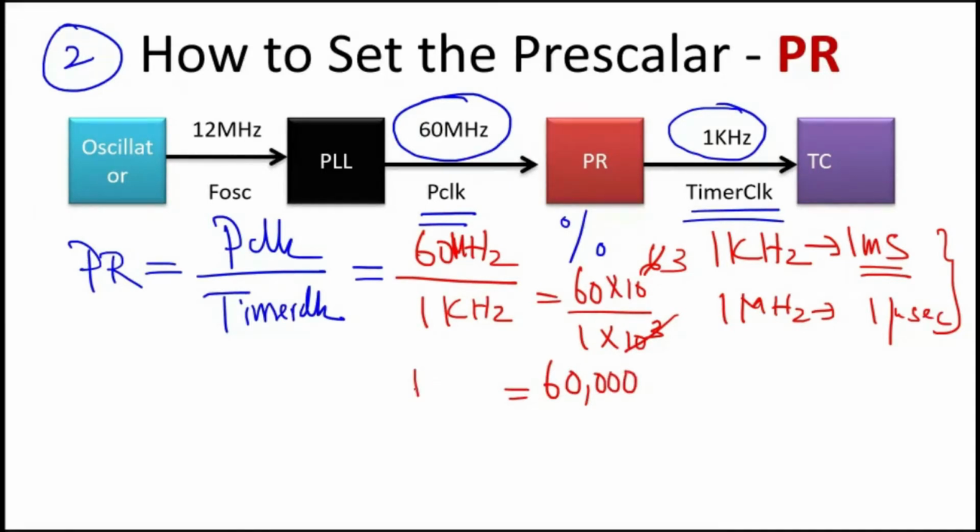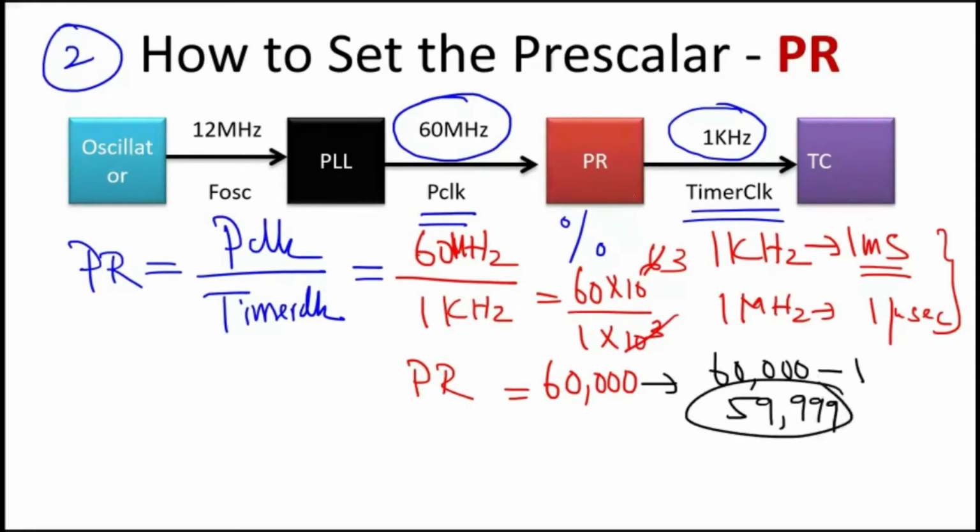So the prescaler that you have calculated is 60,000. But what do you have to load here? I have to load 1 less than the desired value. So I load 60,000 minus 1, which is 59,999. So I load only 59,999 to this prescaler.